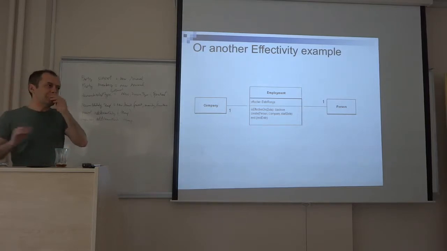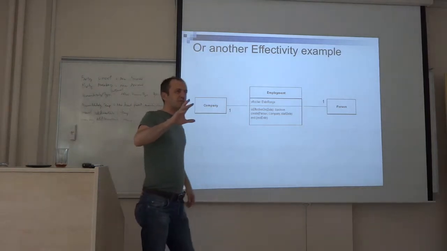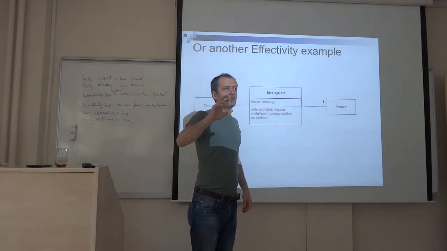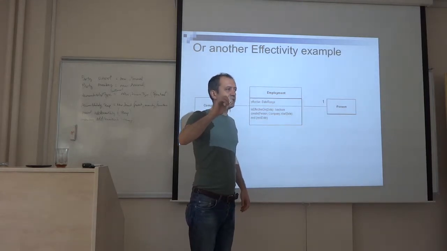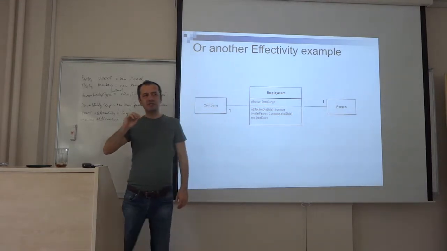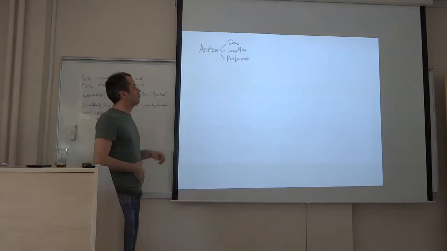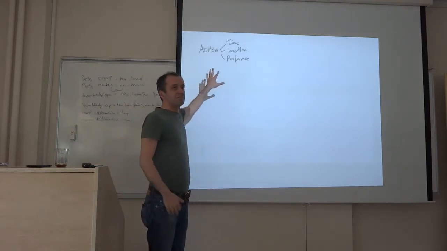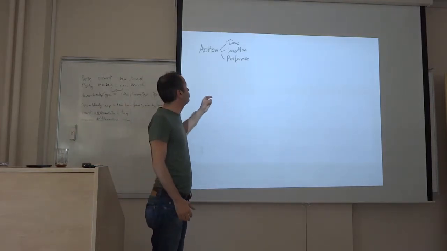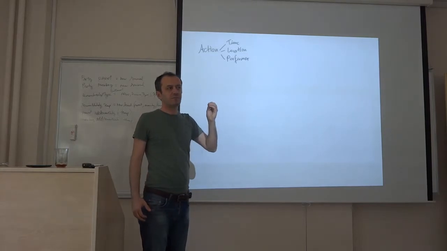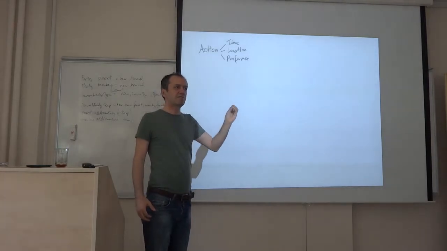So the next one is actually really about dates, places, and persons. That is an action. I will start describing action. So basically an action has a time, a location, and a performer. So like our bus driver.